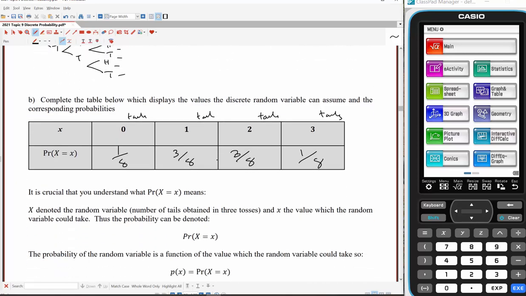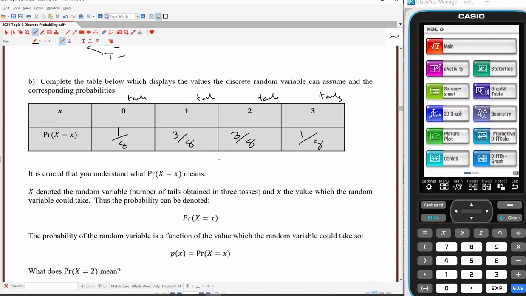So let's just go through and try to understand what this means, because I think that's the part that students find most difficult, actually interpreting the notation. So X denoted a random variable, in this case the number of tails obtained in 3 tosses.